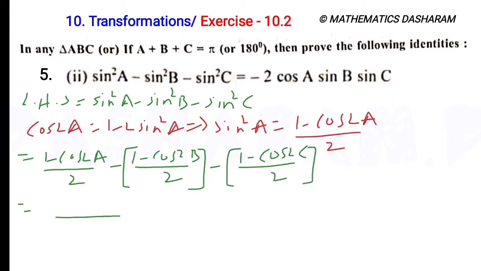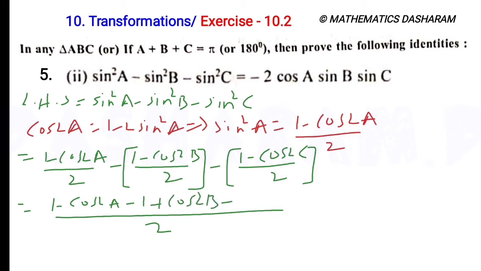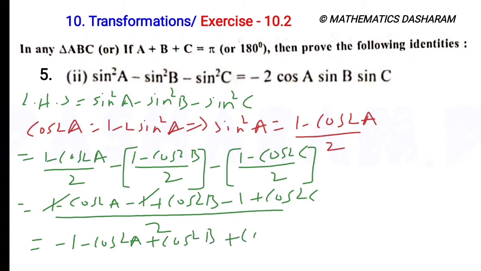So then it is equal to, the total LCM is 2, (1 minus cos 2A minus 1 plus cos 2B minus 1 plus cos 2C). So here plus 1 minus 1 cancel, so then it is equal to minus 1 minus cos 2A plus cos 2B plus cos 2C, divided by 2.